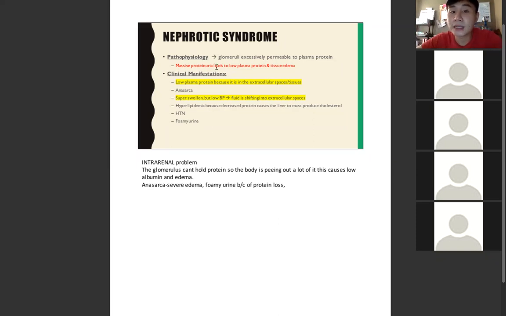So we end up with low plasma protein inside our body. And whenever we don't have protein inside our body, we cannot hold the fluid, the volume, inside the vascular space. So it leaks to other spaces, the interstitial spaces, and therefore leads to tissue edema.